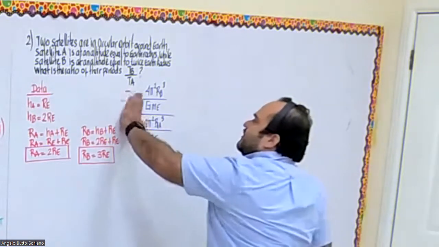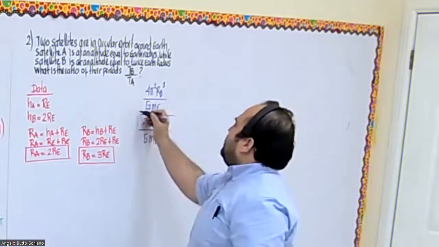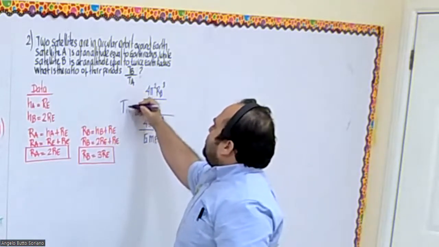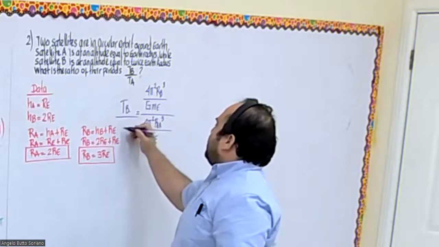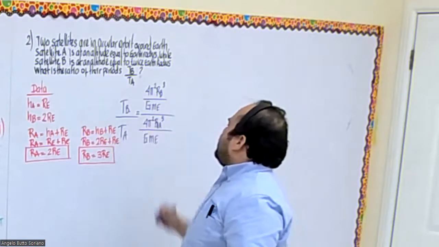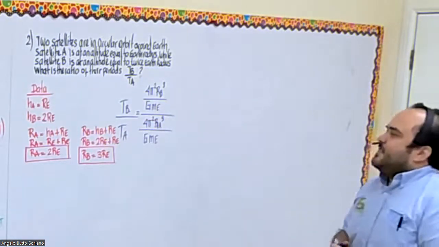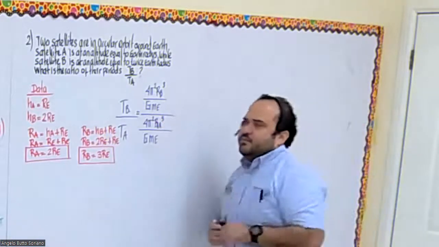This is period B over period A, the substitution of the same formula.